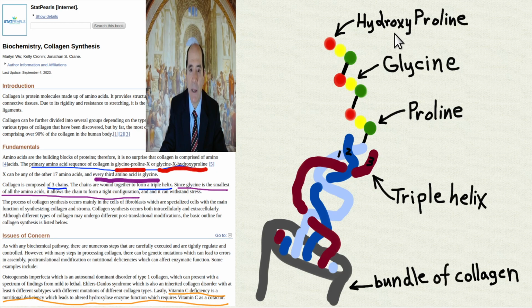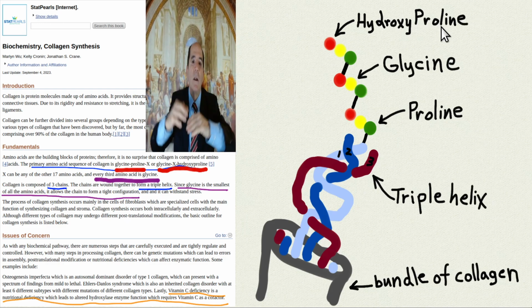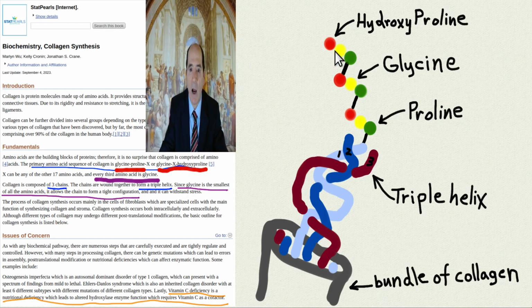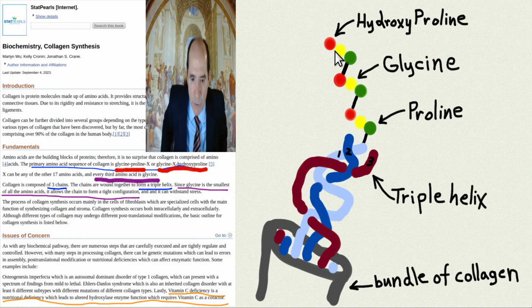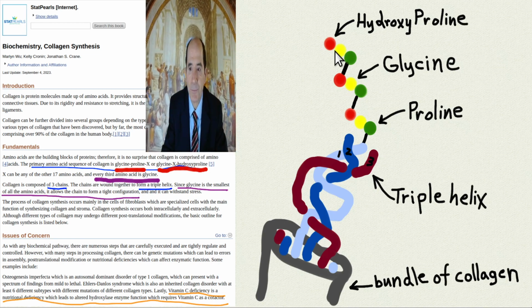This is secondary, post-translation modification, meaning that after the protein's initially made, it undergoes modifications. And it gets hydroxylated on the proline residues. That requires vitamin C. So people who don't eat enough fruits and vegetables, they're low in vitamin C, and they'll have a harder time hydroxylating their collagen, so their collagen will tend to be weaker.